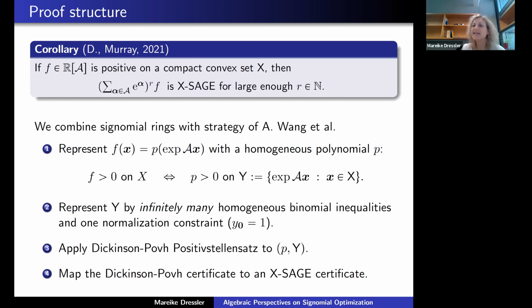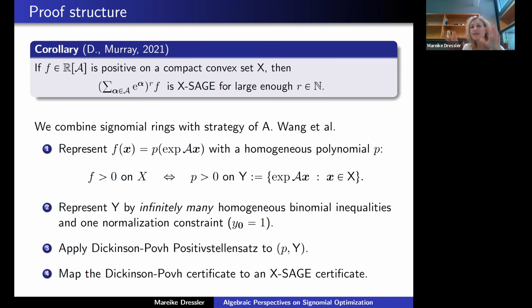Then we take care of some annoying subtleties, I would say. And if we have taken care of that, we can apply a Positivstellensatz from the real algebraic geometry literature.